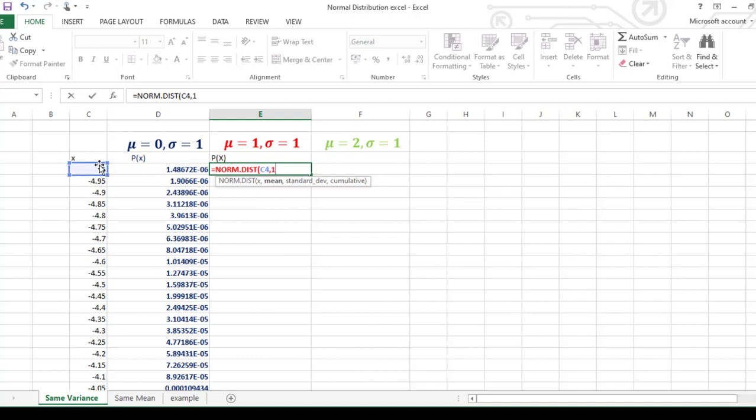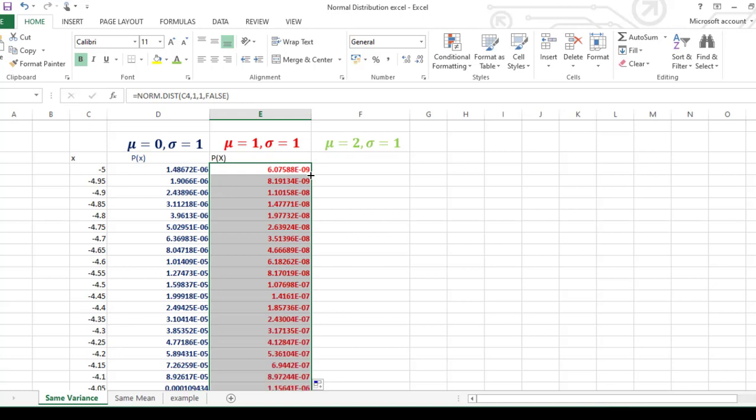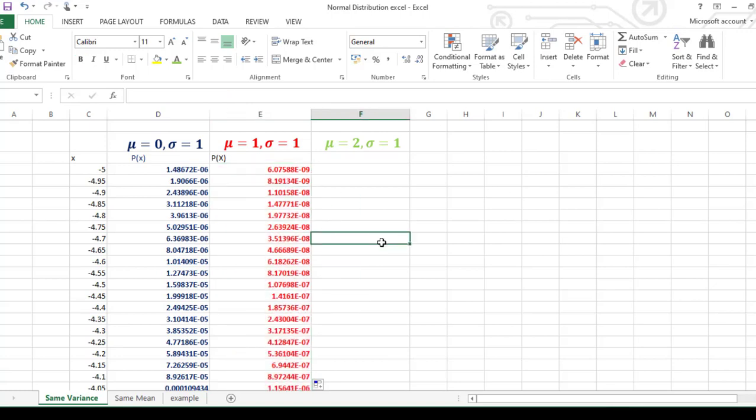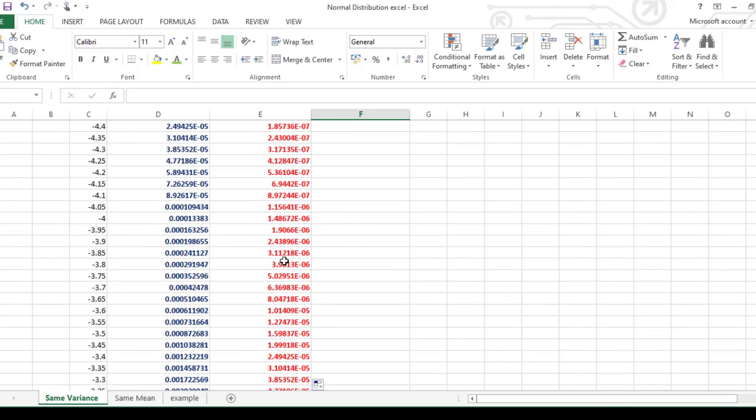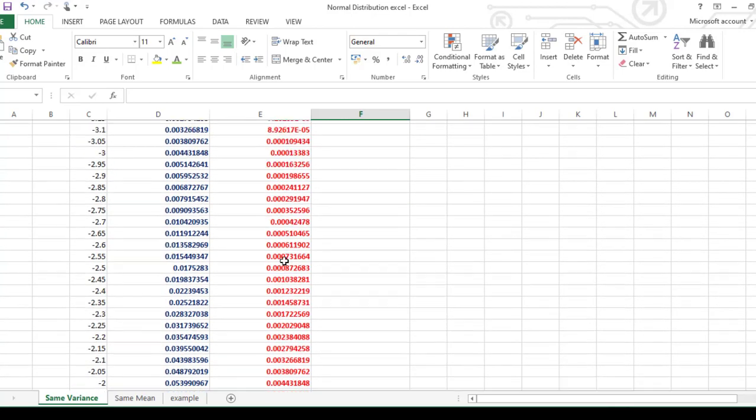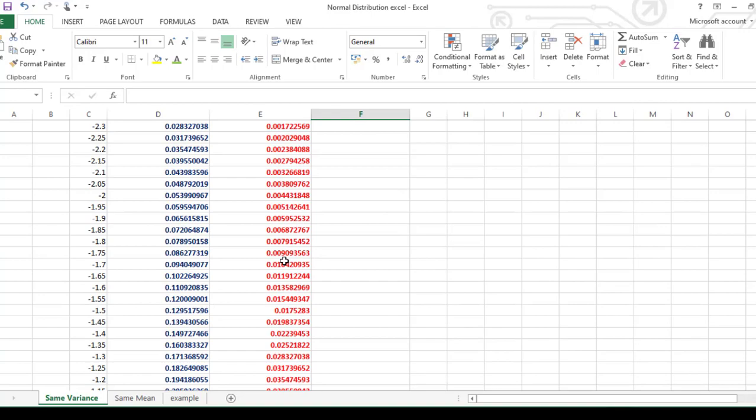Now mean is 1 and the standard deviation remains the same, that is 1, and the command would be false. So again I have got the corresponding probability for this case.